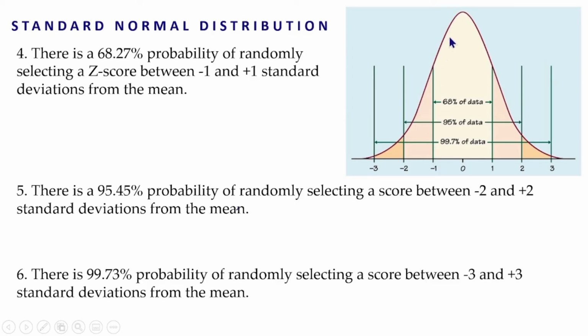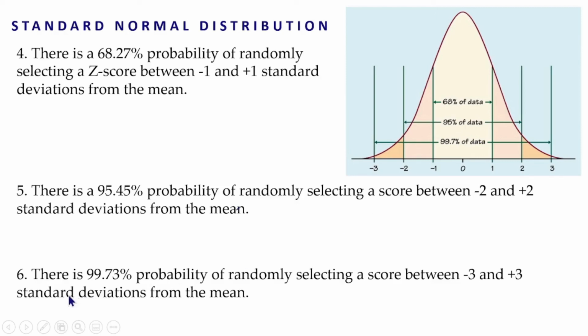This area constitutes 68% of the data. Then there is a 95.45% probability of selecting a score between -2 and +2 standard deviations from the mean. That is this area from -2 to +2, which constitutes 95% of the data.